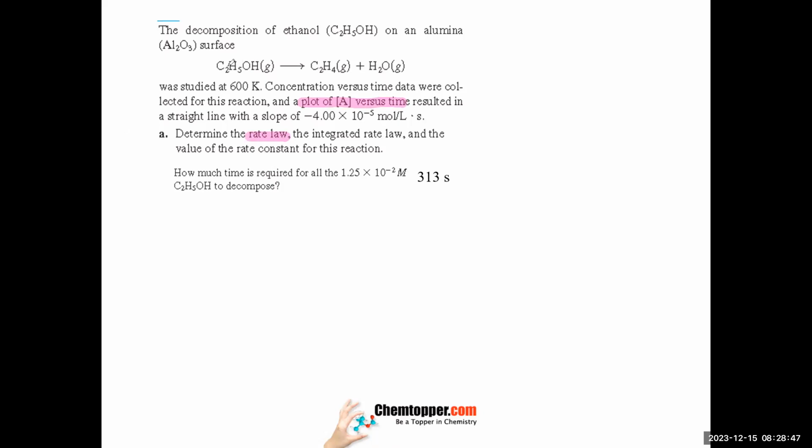Reactant is this. So what's the rate law? First order, zero order, or second order? It is zero order. Remember, concentration of AT versus T, a straight line means zero order.